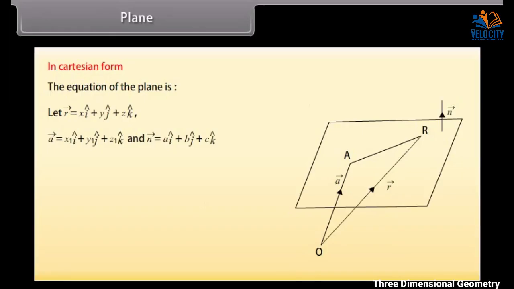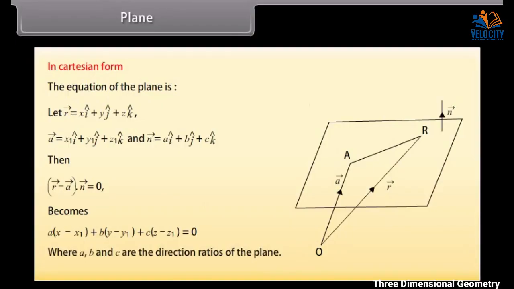Vector n equals a i cap plus b j cap plus c k cap. Then, dot product of vector r minus vector A and vector n equals 0 becomes a into (x minus x1) plus b into (y minus y1) plus c into (z minus z1) equals 0, where a, b, and c are the direction ratios of the plane.